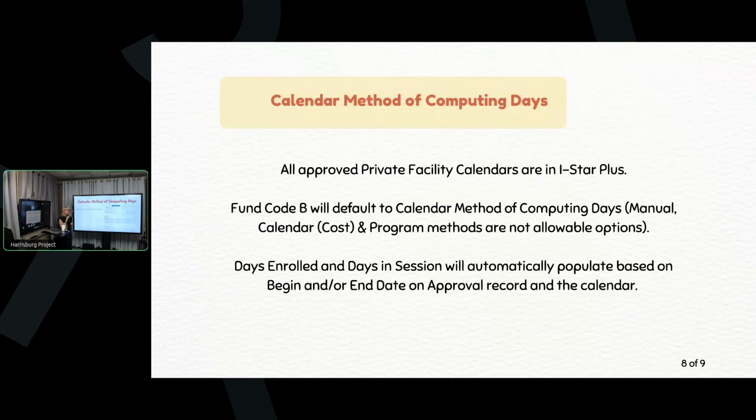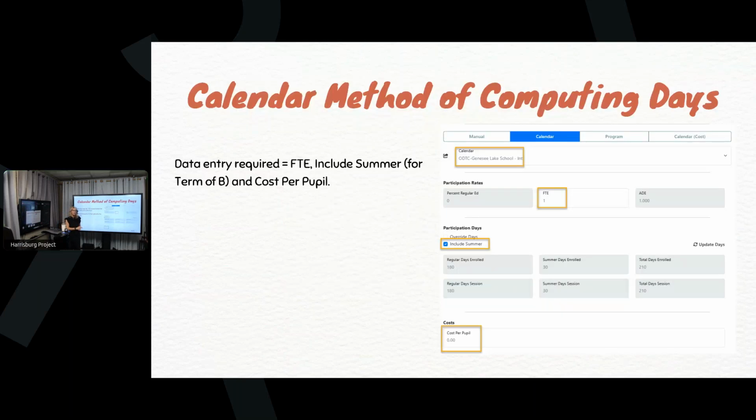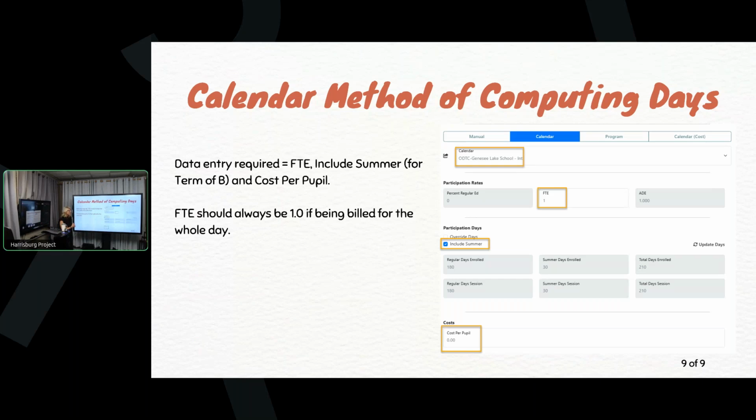I'm going to tell you, there was a year, I think, at the beginning of iStar where we didn't have those calendars yet. And wow, it was crazy. You had to count them and make sure you got them right, make sure everything balanced out. So your data entry on your claim record for these kids is going to be very little.